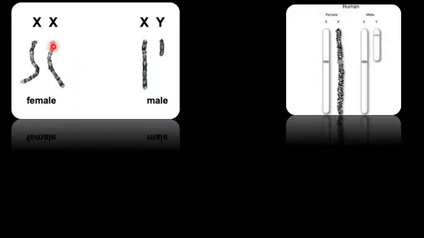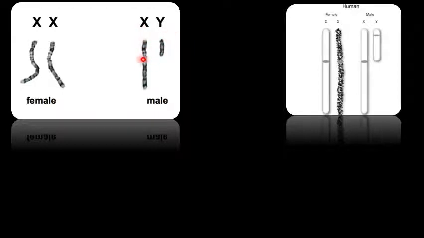This X chromosome does not participate only in sex determination. It also participates in a lot of vital body functions and mechanisms. So imagine in males we have only one X chromosome. In the previous video when I taught you about the Y chromosome, I told you the sex chromosomes are not homologous because they don't contain the same genes.